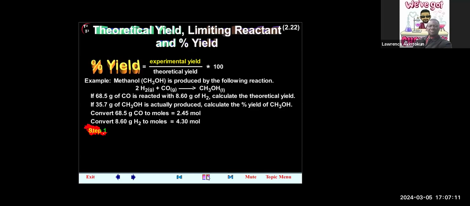Step 1. Calculate the amount of product formed if the first reactant is completely consumed. All right, just like we did in the first example, we are going to use the two reactants to produce the products, and we're going to look at which one gives us the smaller answer.